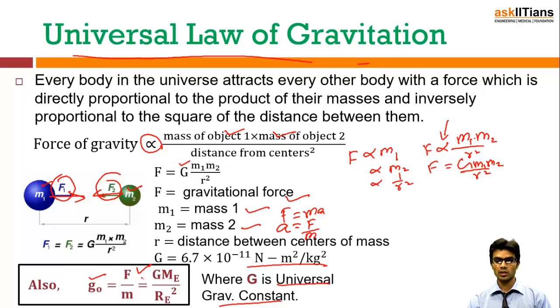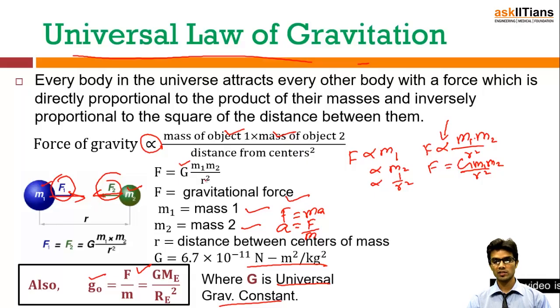Now, F is equal to G m1 m2 by r square. If you want to find acceleration, you have to divide this value by the mass. So the rest is g0 is equal to G m by r square.